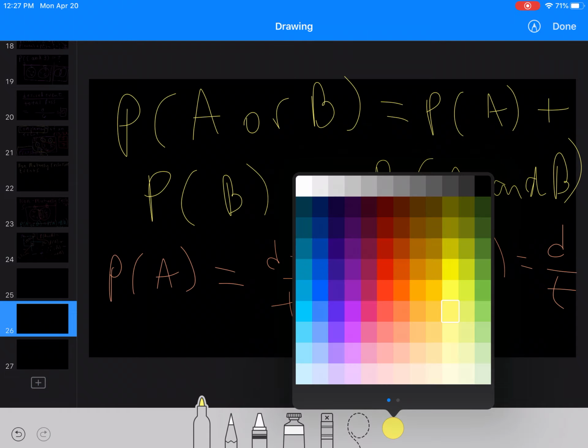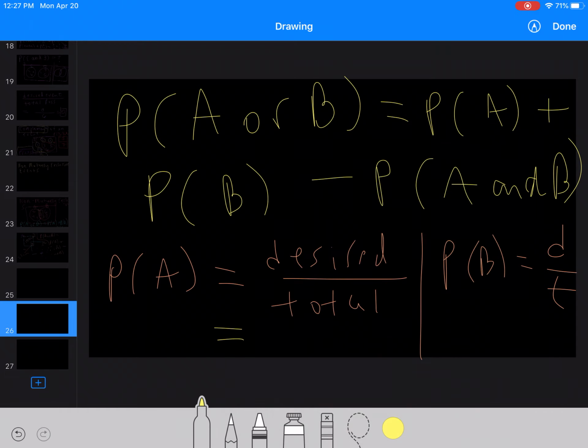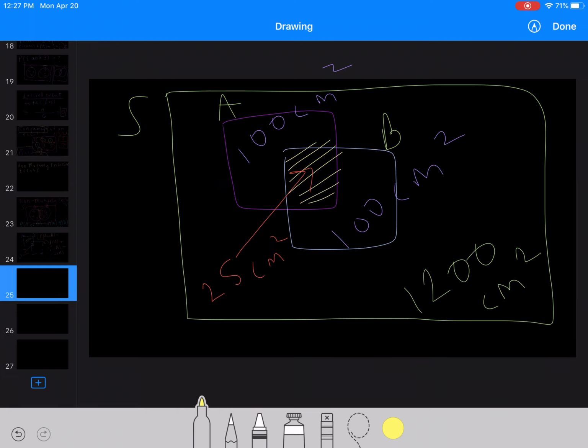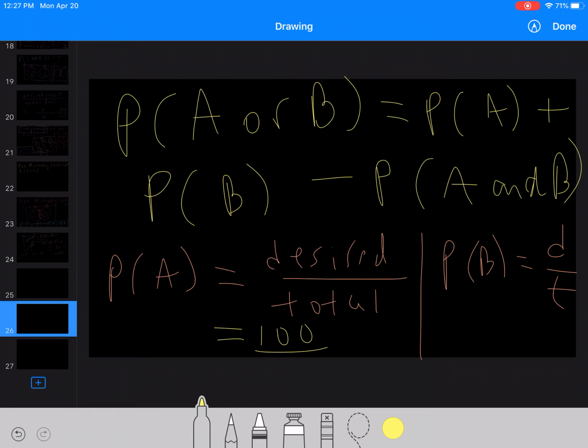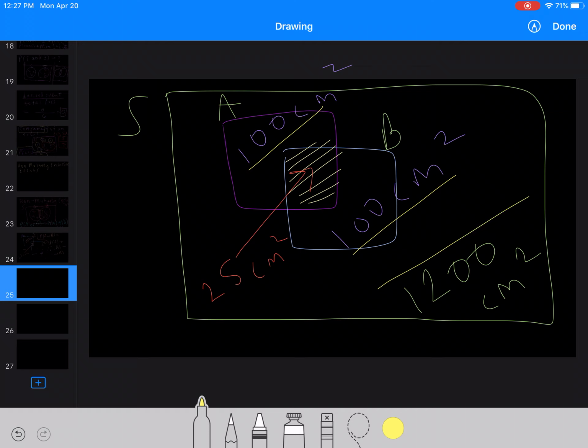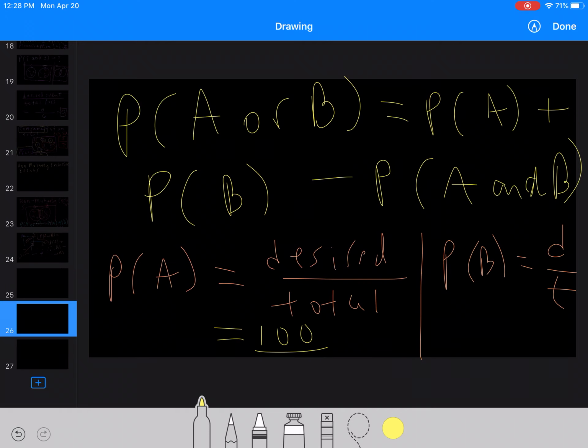So the desired for A was my 100 centimeters, because A has an area of 100, B also has an area of 100, over the total possibilities, which is just my total sample space, which is 1,200 centimeters squared. So 1,200. B is the same thing. It's 100 over my total sample space of 1,200.